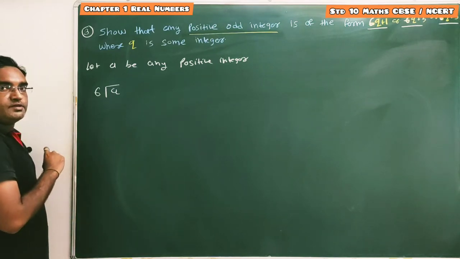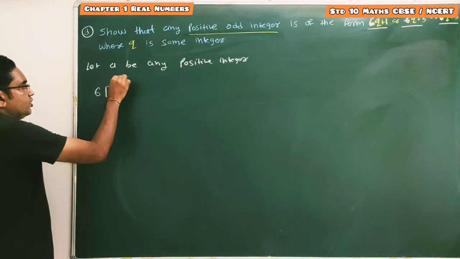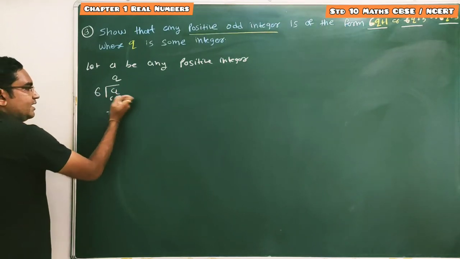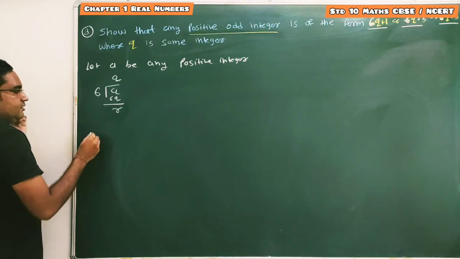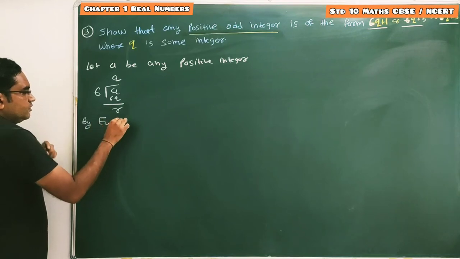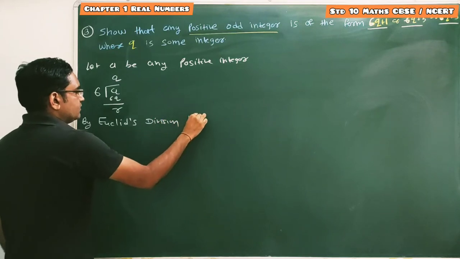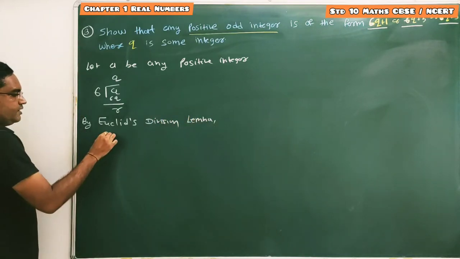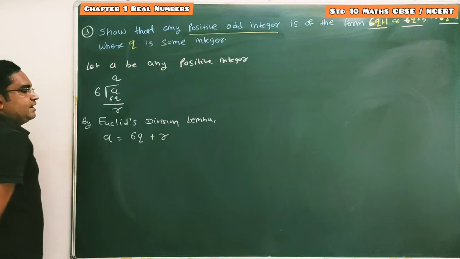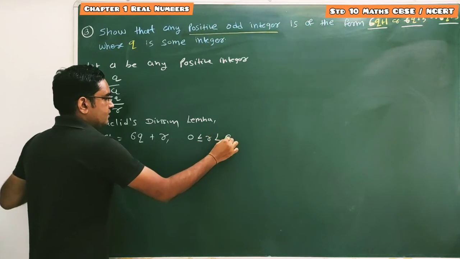So according to Euclid's division lemma, we get two more integers, q and r. So 6 into q, that is 6q, and we get r as a remainder. Done. So by using Euclid's division lemma, we can say a is equal to 6 into q plus r, where r is the remainder, which is 0 less than or equal to r less than 6.